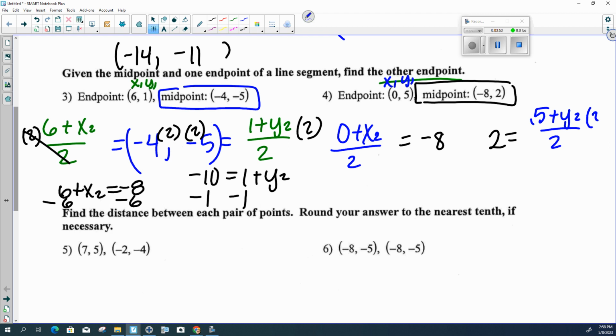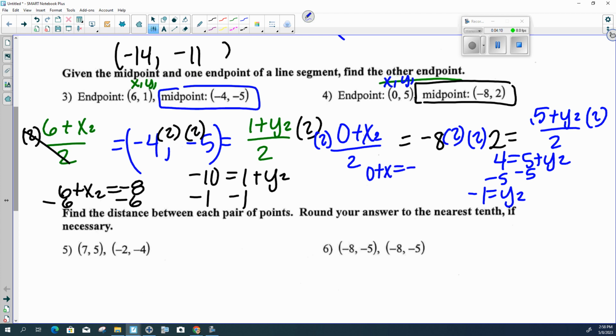So let's multiply both sides by 2. Subtract 5 from both sides. Multiply both sides by 2. 0 plus x is x.